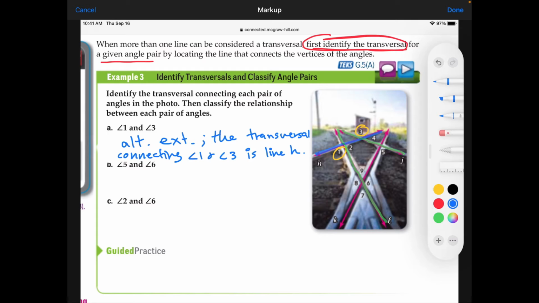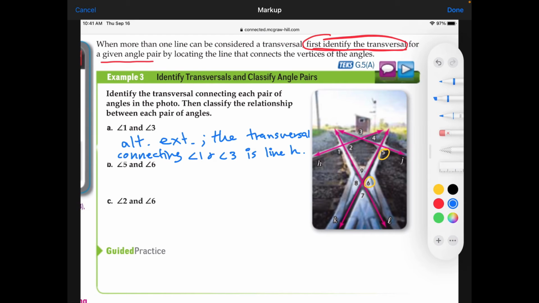Okay, let's do B, 5 and 6. So let's erase this and let's look at angles 5 and 6. Let's look at the transversals connecting those angles.